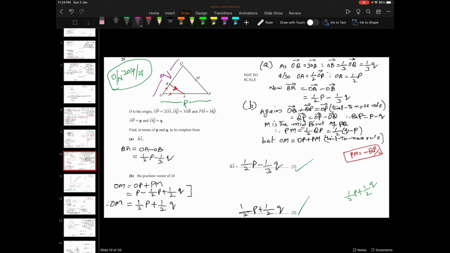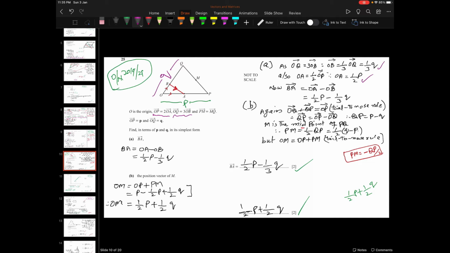As OQ is equal to 3OB, therefore OB is equal to 1 upon 3 OQ. But the value of vector OQ is Q. So OB is equal to 1 upon 3Q. Also OA is equal to half OP. Substitute the value of vector OP.